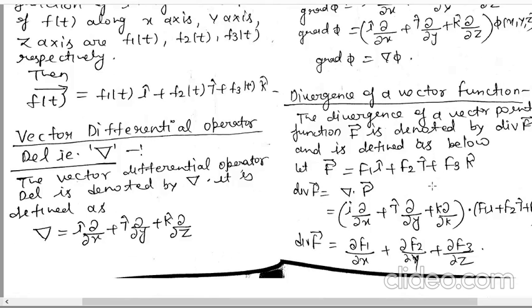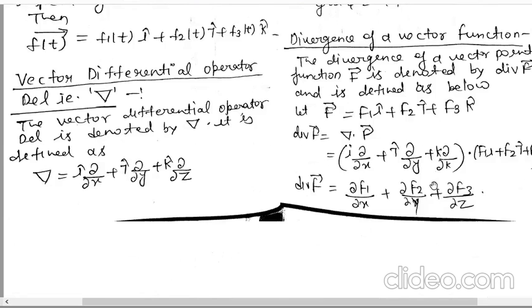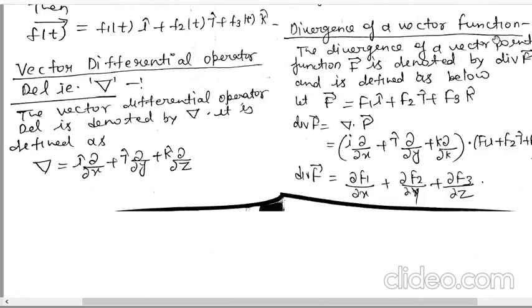After applying both of the functions, from the gradient you get a vector quantity, and from the divergence a scalar quantity. The divergence of a vector point function f vector is denoted by divergence of f vector, and is defined as below.